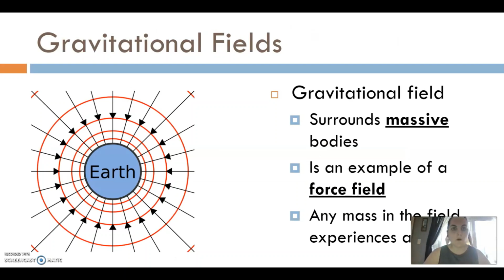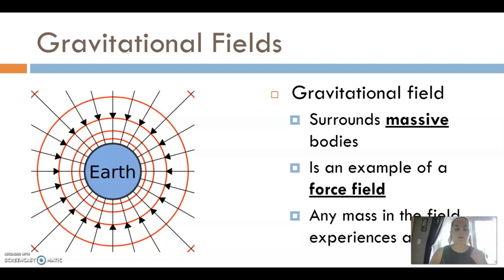Okay, so now that we've discussed the force of gravity, let's look at gravitational fields for Earth. Let's focus on Earth, but know that they are everywhere, okay? So gravitational fields surround massive bodies. Earth has a giant gravitational field. Jupiter has an even bigger gravitational field, and that's because it is a more massive body.